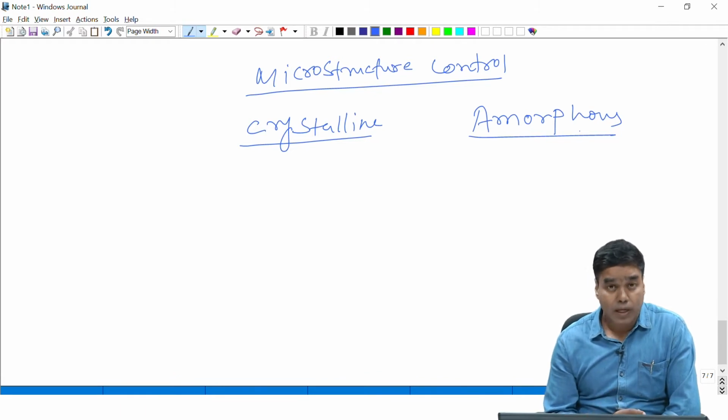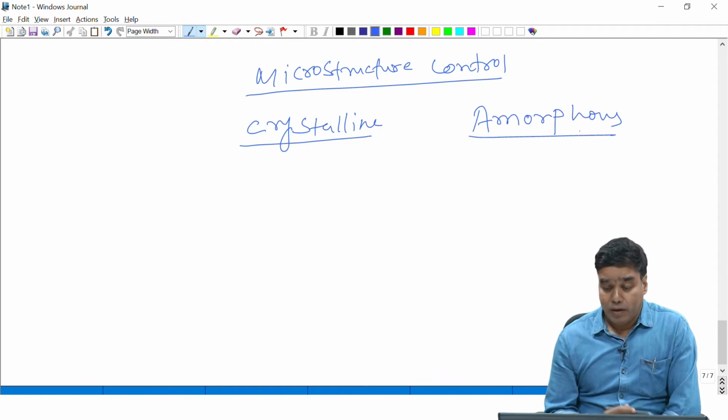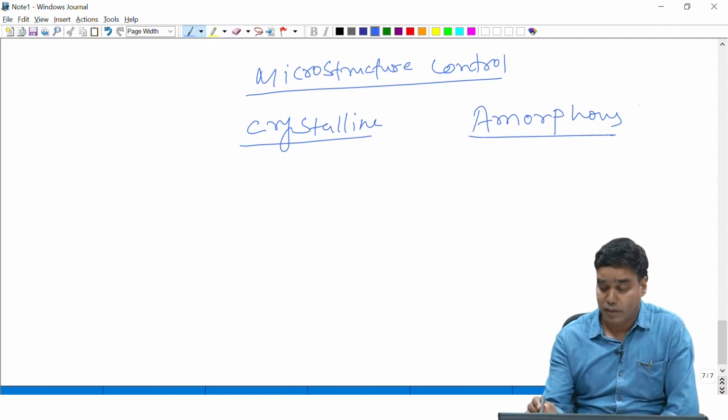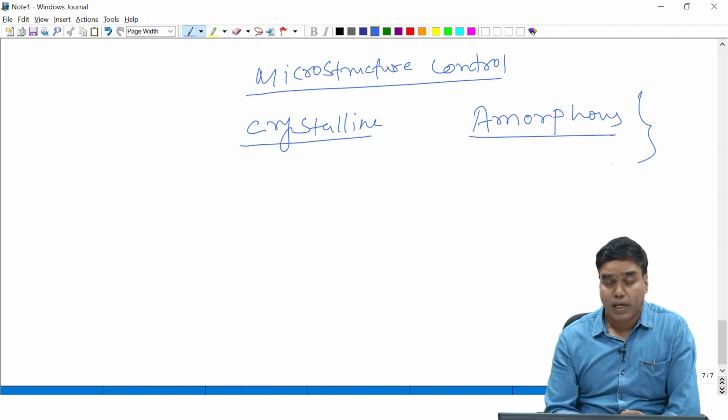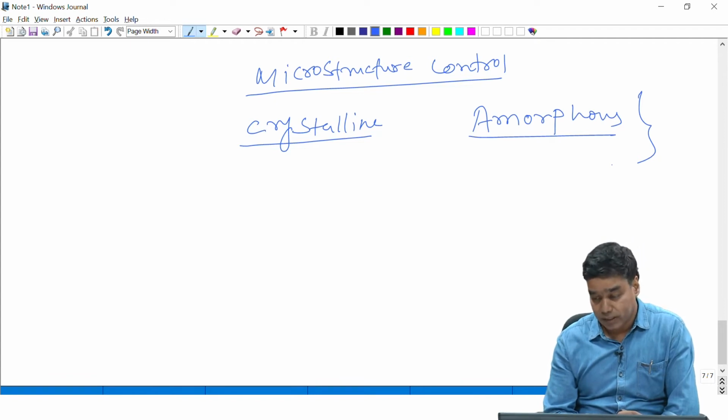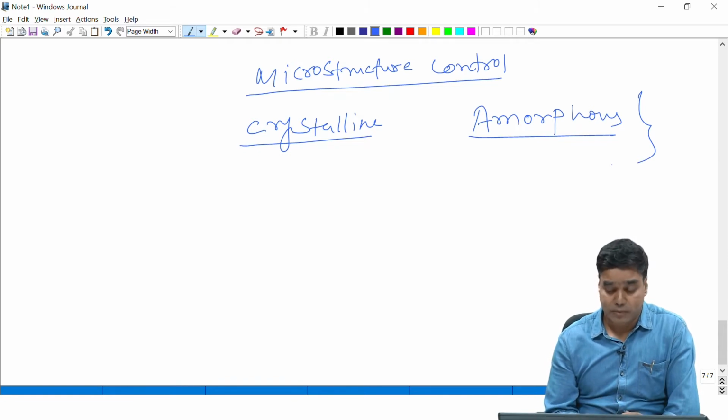So, I hope that was useful for many of you to understand what a crystal structure is. And also this amorphous kind of structure, that also we have discussed. So, I hope by now you have developed an understanding of crystalline as well as amorphous structures.